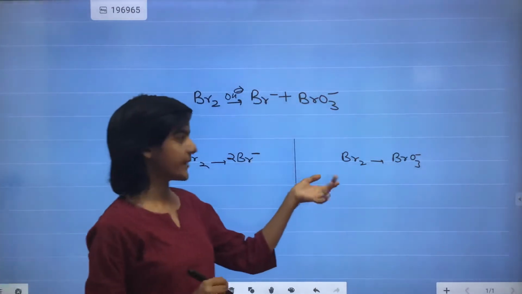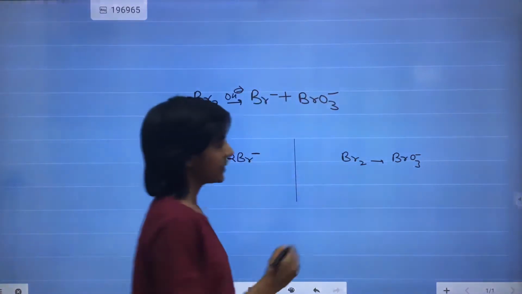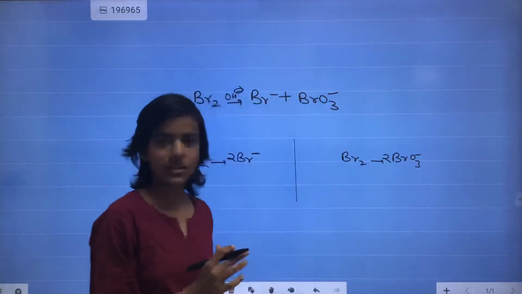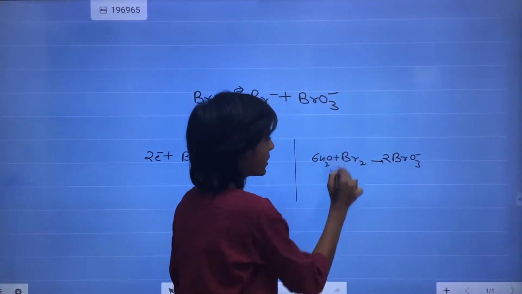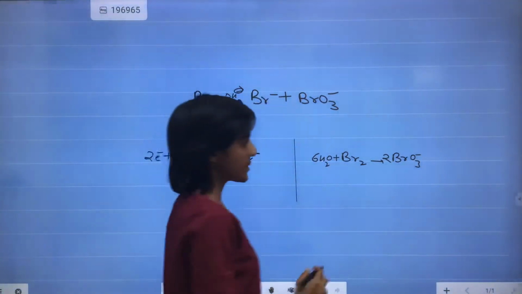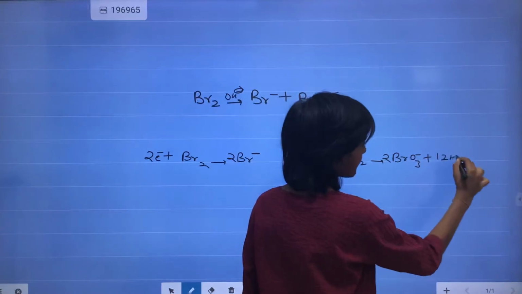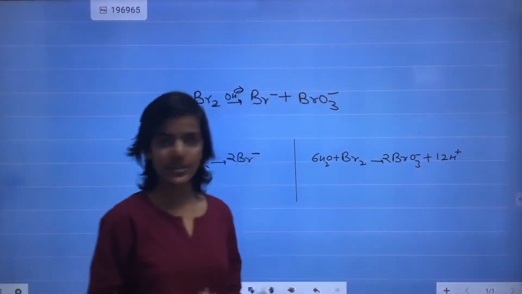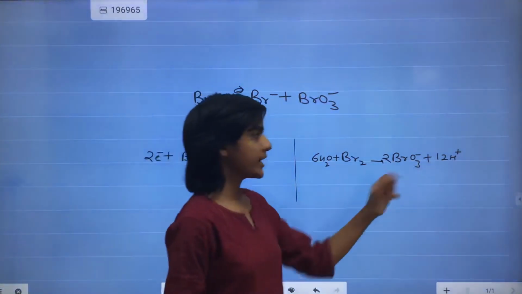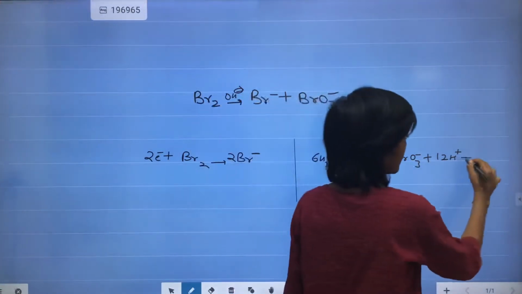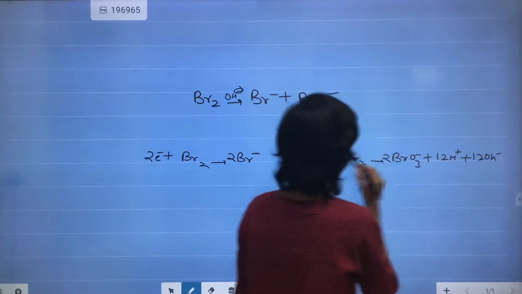Then we balance the other half reaction. Here it is 2 bromine, so 2 bromine. Then oxygen is 2 into 3, 6, so 6H2O. This is 6 into 2, which is 12 H plus. As the medium is basic, we will add OH minus on both sides equal to H plus. Here H plus is 12, so we will add 12 OH minus on both sides.